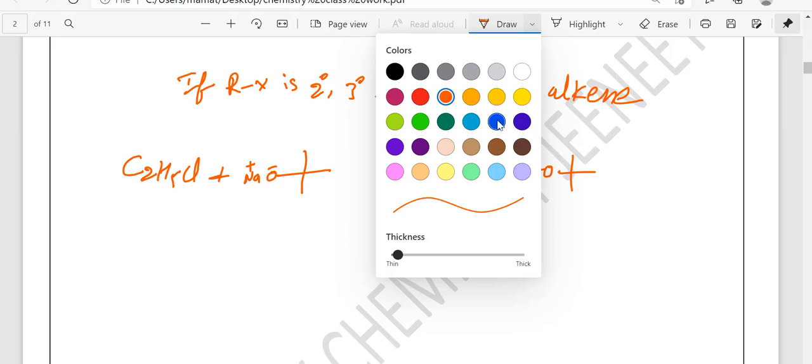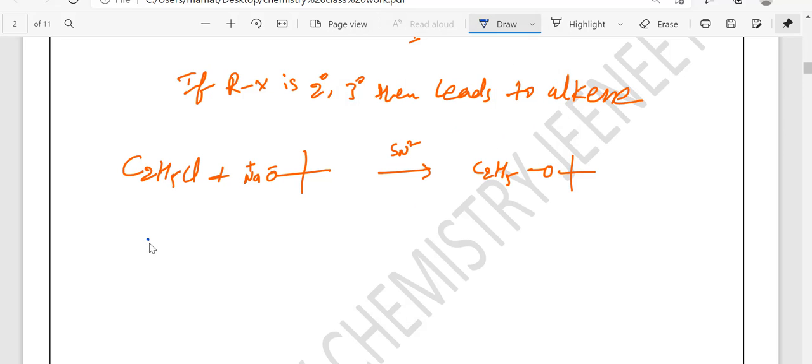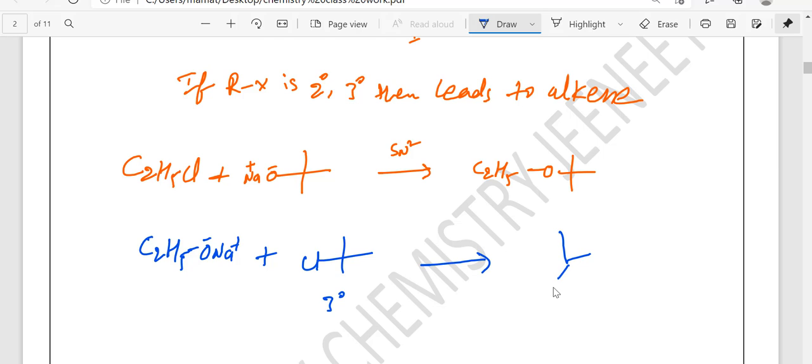Next, suppose C2H5ONa, O minus Na plus is there. This is a very, very important reaction. See, I am taking here a tertiary alkyl halide, then it is giving alkene.